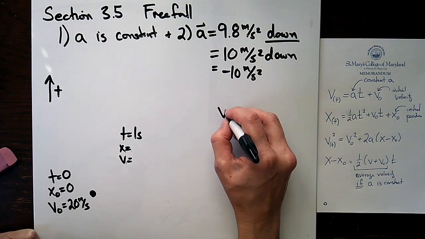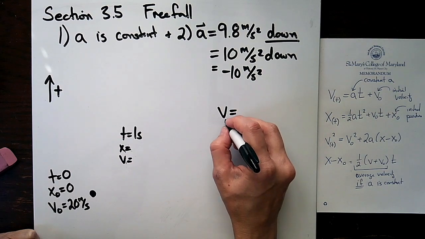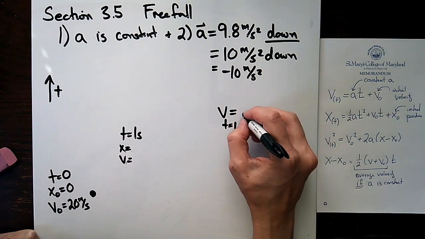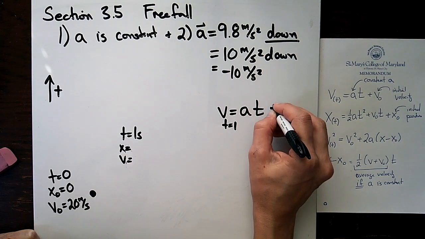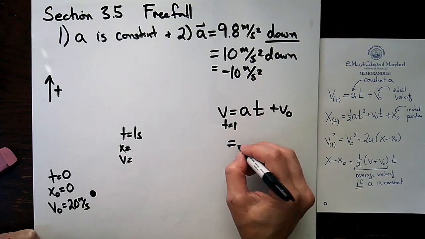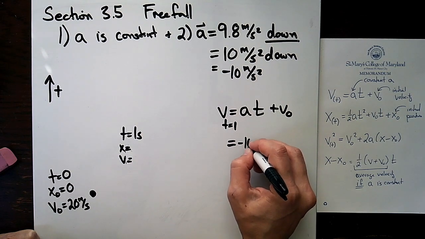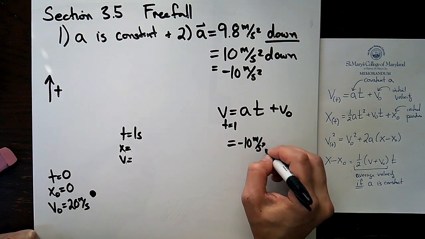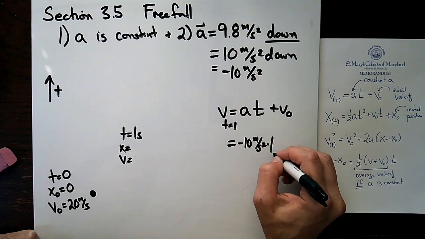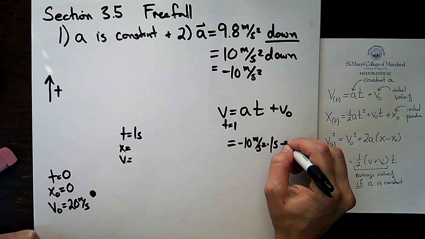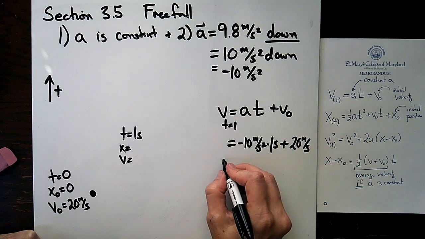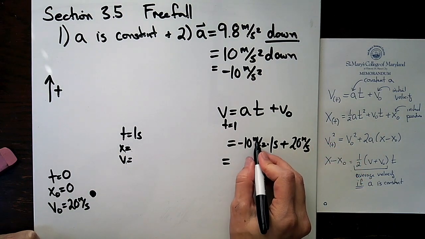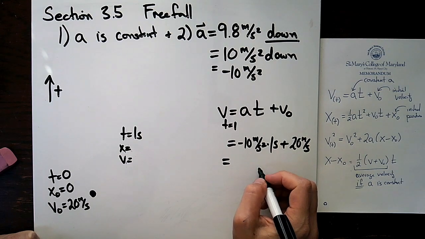So, velocity at t equals 1 second. Put in our acceleration, our time, and our initial velocity. Acceleration is negative 10 meters per second squared. Time is 1 second, and the initial velocity is 20 meters per second. So we will get negative 10 meters per second squared times 1 second.